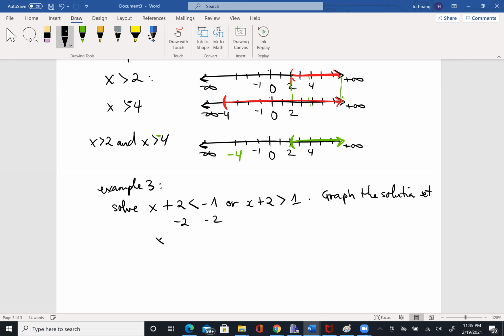I have x less than -3. Or, okay, for the second inequality, I also subtract 2, and then we have x greater than -1. Okay, so let's draw it.